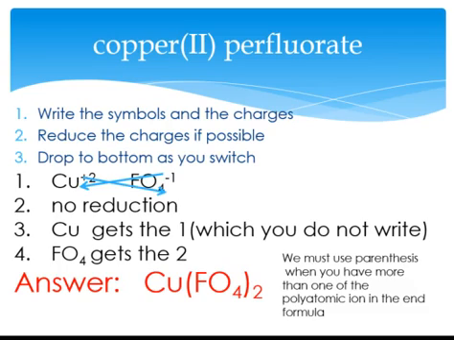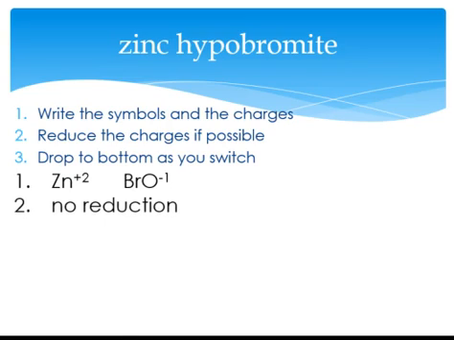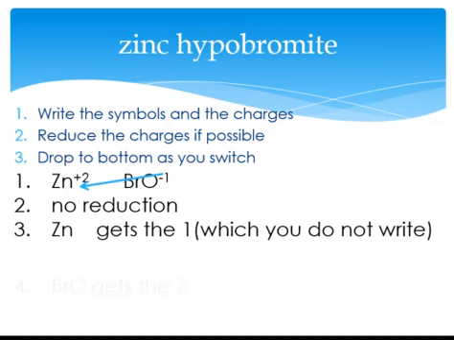Here's another problem. Zinc hypobromite. Pause the video and come back for the answer. Zn +2, BrO -1, no reduction possible. Zn gets the 1, which you don't write, and the BrO gets the 2.